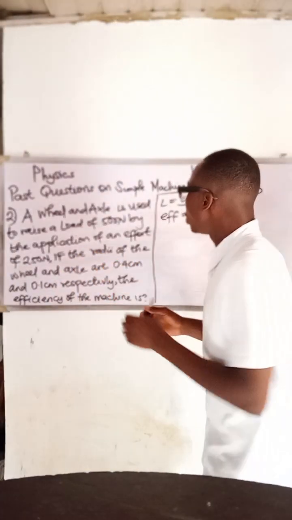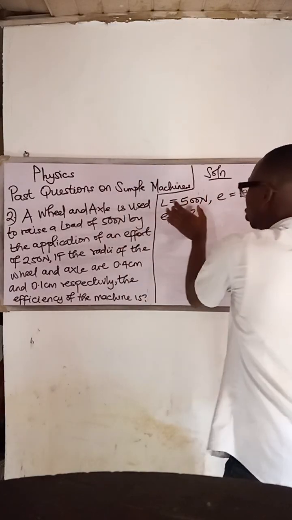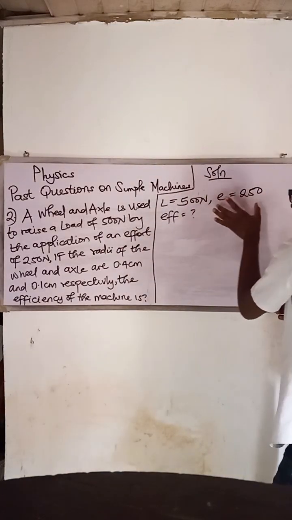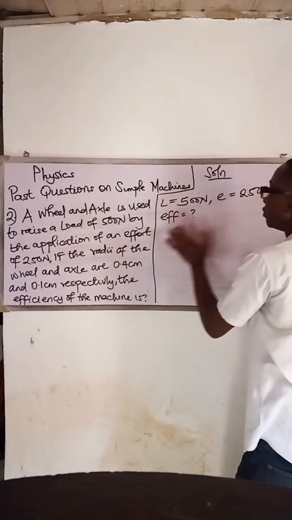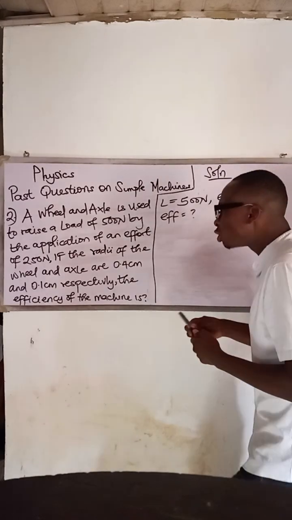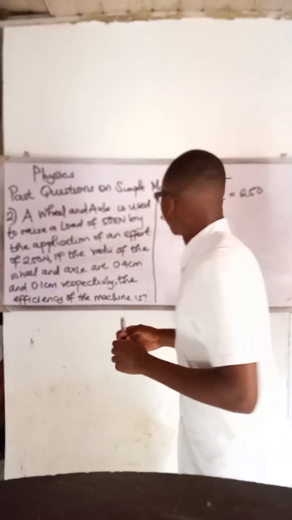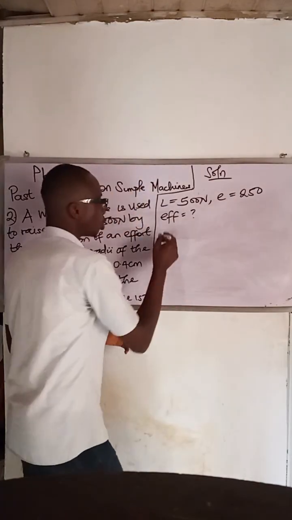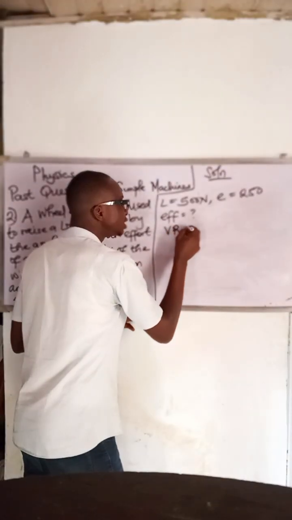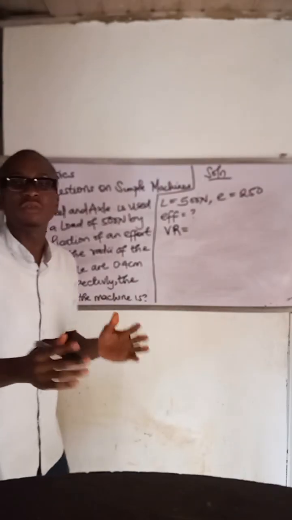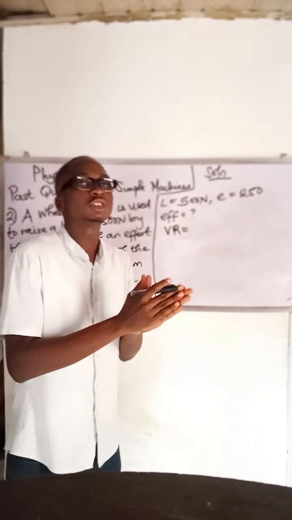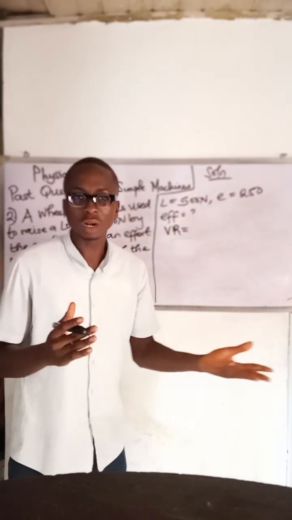Now, it is used to raise a load, they give us a load of 500 Newton. They gave us the effort of 250 Newton, but they also gave us the radii of the wheel and axle. Now, we calculate the velocity ratio of different machines with different formulas.